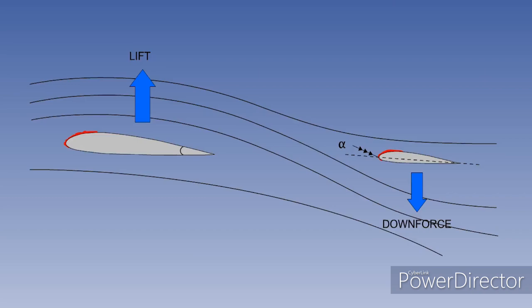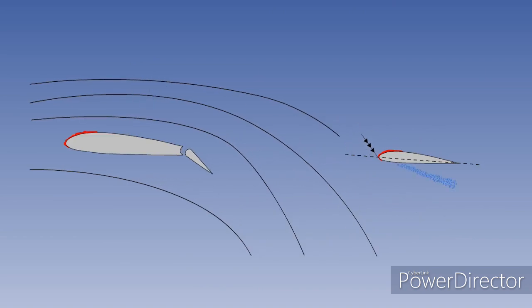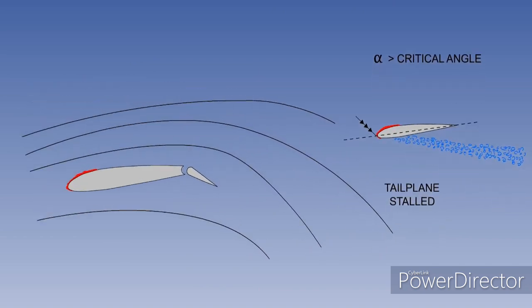So if it stalls, the loss of downforce will cause a pitch down, with at least a temporary loss of control. Stalling of an ice-contaminated tailplane could be precipitated by the lowering of the flaps, which increases the downwash over the tailplane and consequently alters its effective angle of attack and takes it beyond the critical angle in a negative sense.